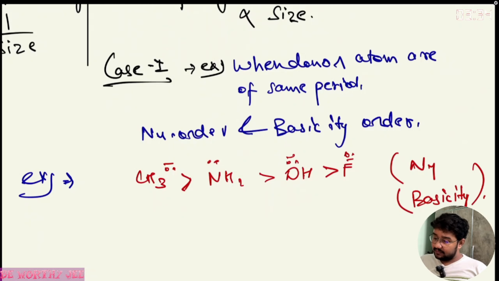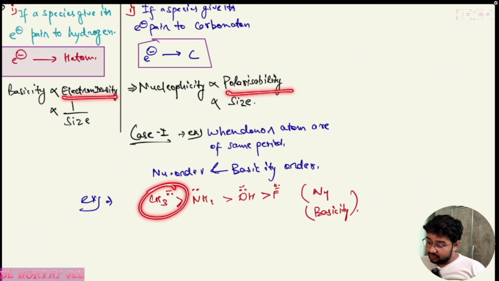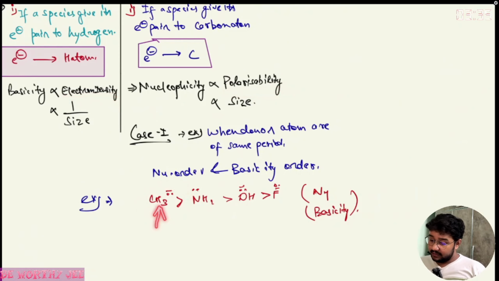Why is that so? It is because of the electron density. Electron density is more, and the polarizability is also more, so it can polarize more. So this is the order for both, the same.